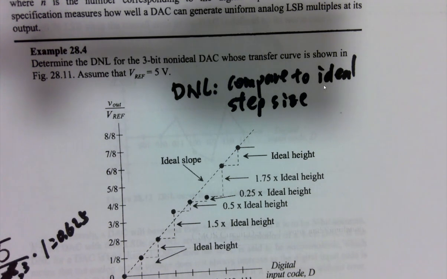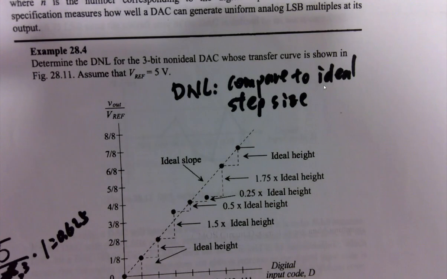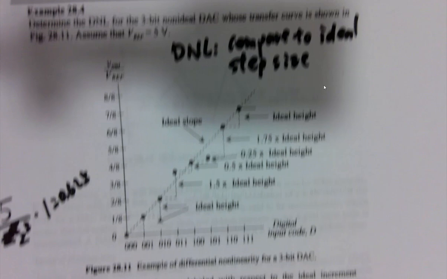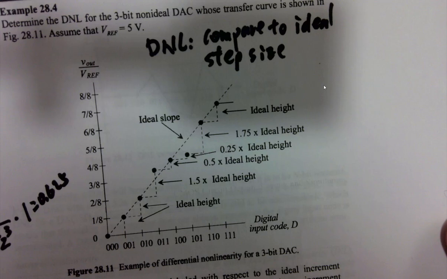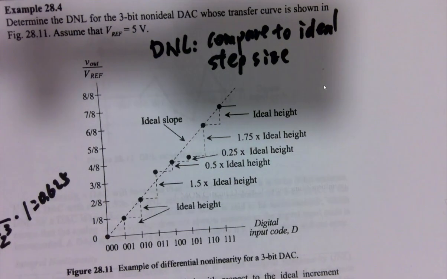The best way to do that is to find out the actual step size you have, and then subtract the ideal step size from it, so you find the difference between your step size and the ideal step size. And these step sizes should be in the unit of LSBs.